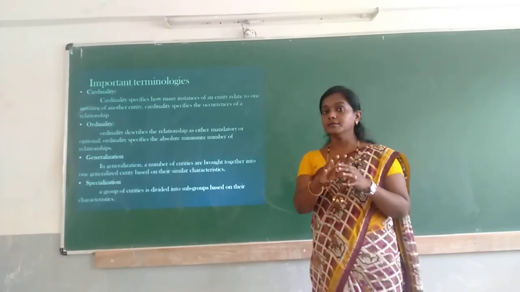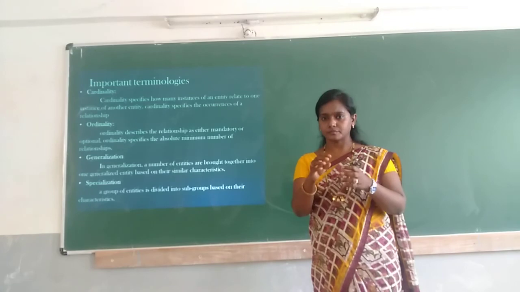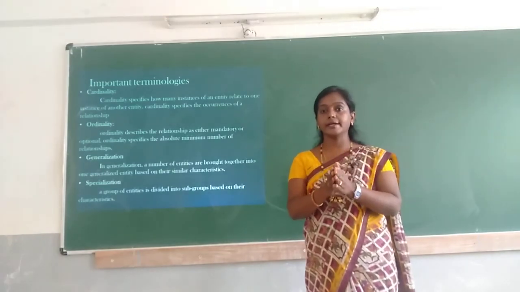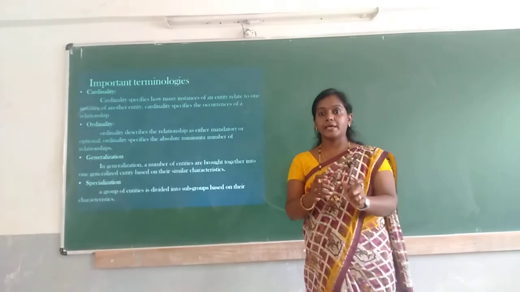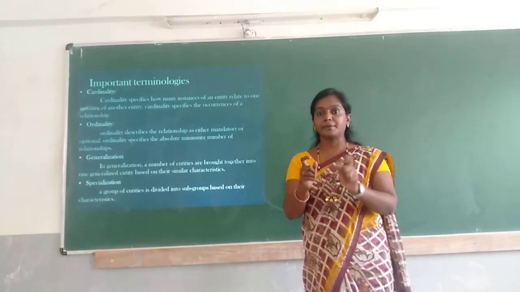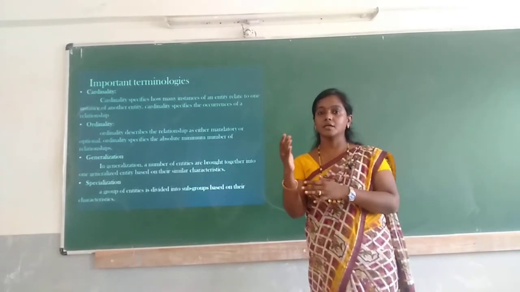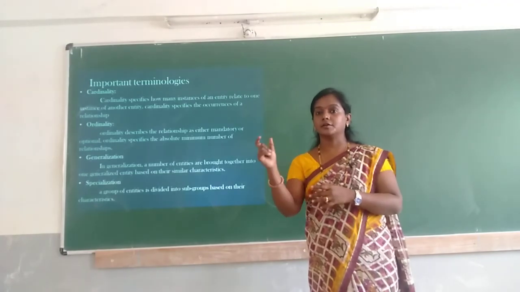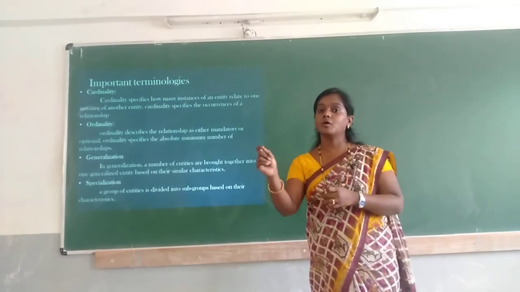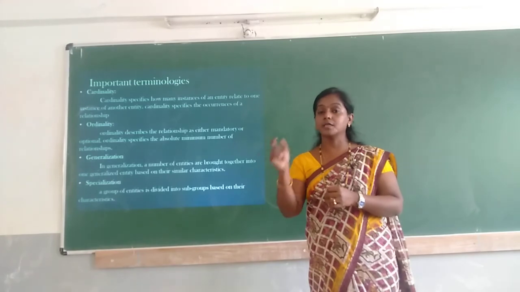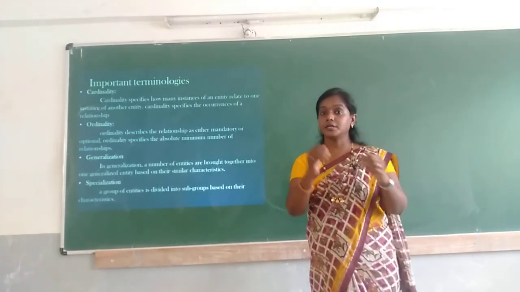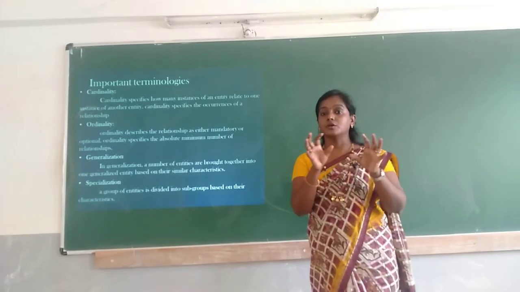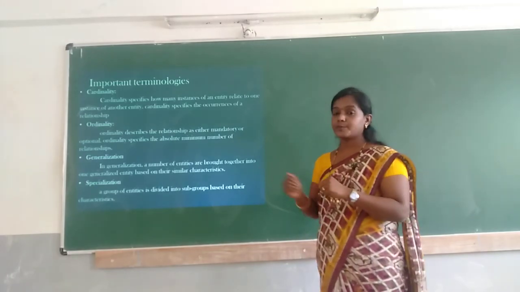For example, here we are dividing an address into city, place, street, street number, and house number. This is how we divide the address into different groups. So this is an example of specialization.